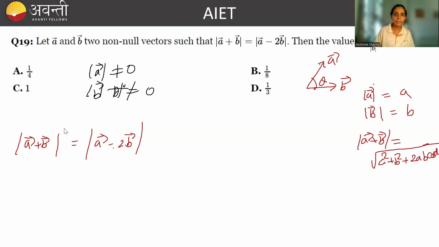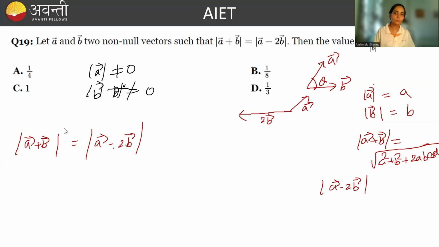This is right. And mod of a minus 2b, what will it be? This is vector a, and minus 2b will be 2 times greater in magnitude with respect to b, and its direction will be opposite to b. So this is 2b, minus of 2b, and this is your a.